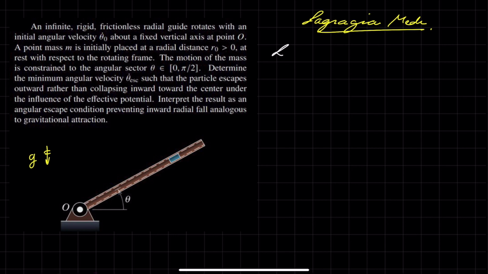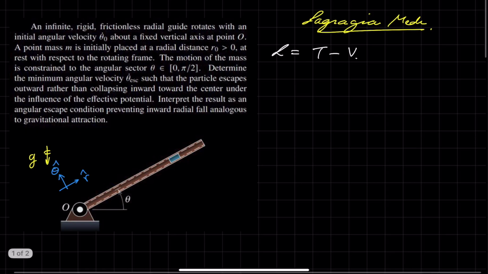What is the Lagrangian? It is the kinetic and the potential energy, and we can express this in these coordinates, r and theta, the radial and the angular. So we're going to have those two coordinates, r and theta.